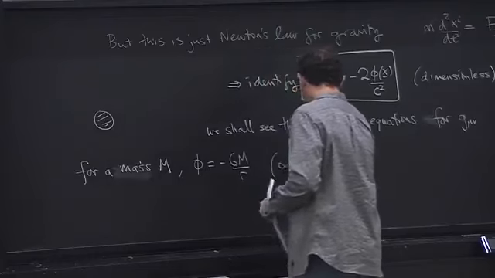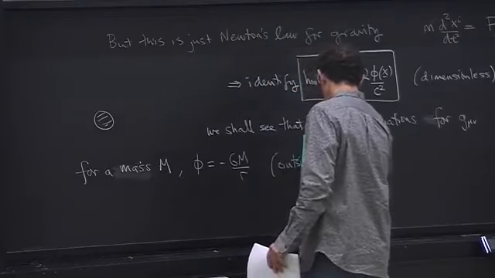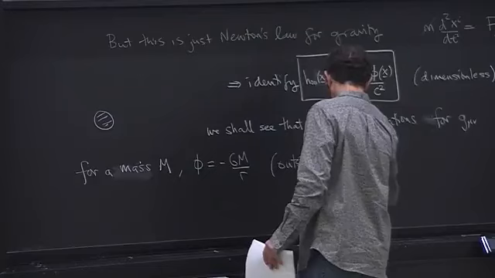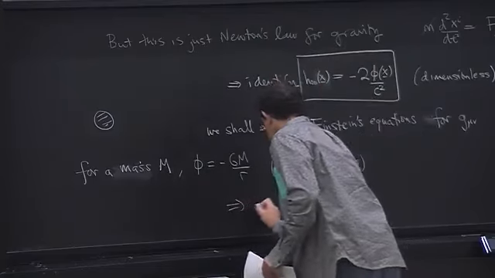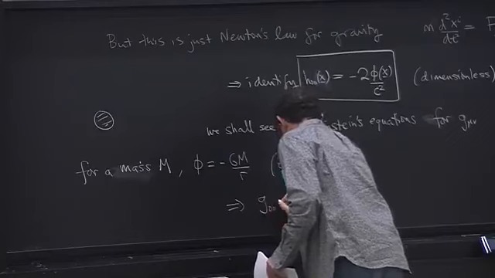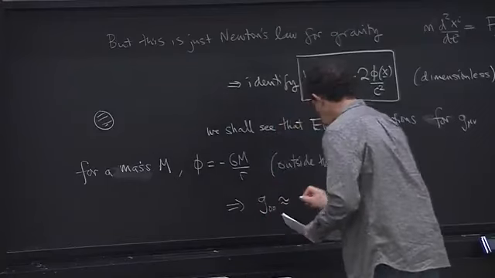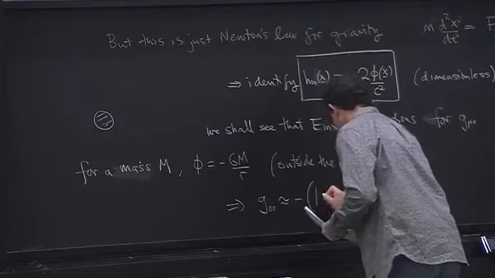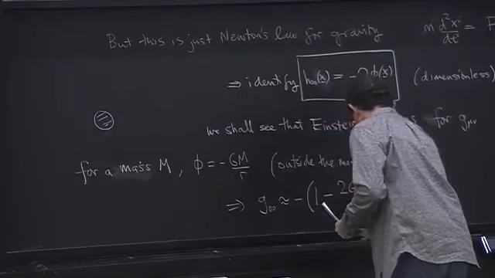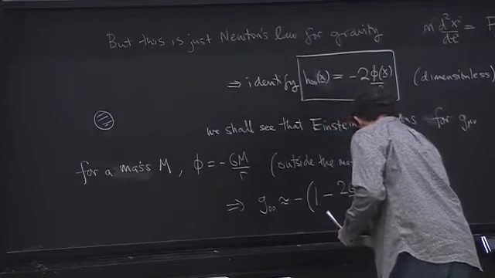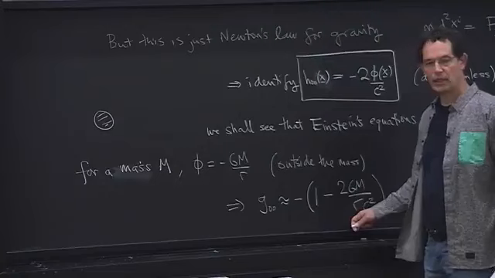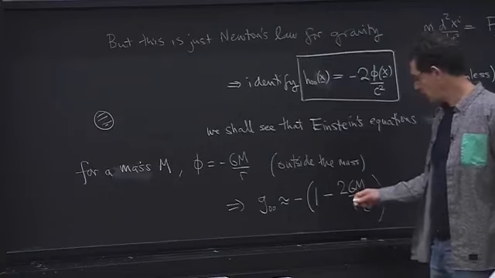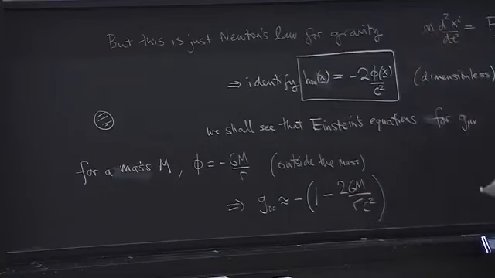This is, of course, outside the mass. And so what we learn is that g naught naught is approximately minus 1 minus 2GM over r c squared. And of course, the inference is only valid when this number is small.